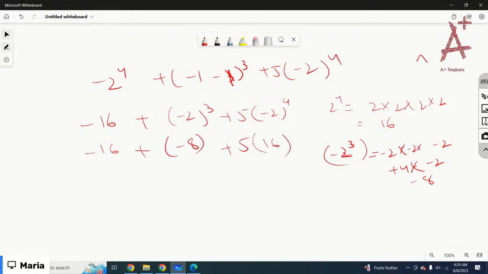If a negative number has an even exponent, the answer would be positive. So now it would be negative 16, negative 8, and 16 times 5 is 80. Got it? Negative 8 and negative 16 you have to add. It makes negative 24 and plus 80. Got it? When you subtract them, it makes 56. So the correct option is 56.